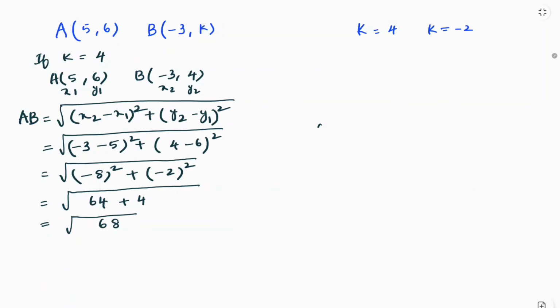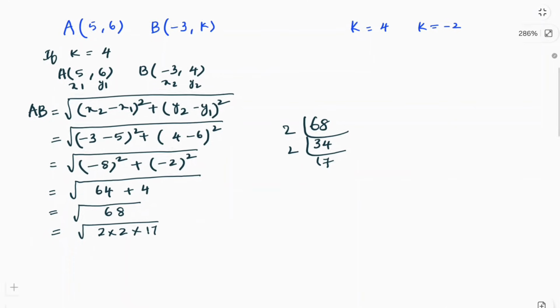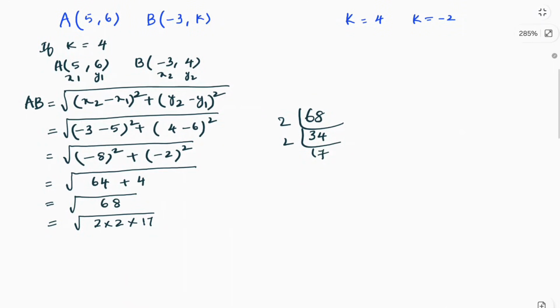Root 68 we can write in simplest form. So 2 times 34, 2 times 17. So 68 I can write as 2 into 2 into 17. See, 2 times we have 2. So 2 root 17 units.